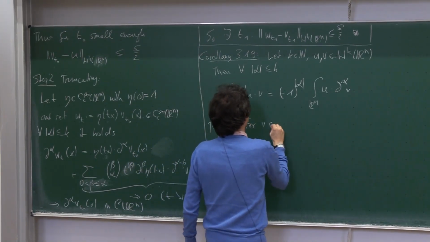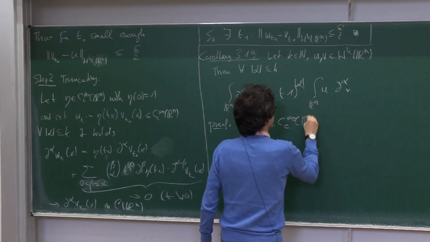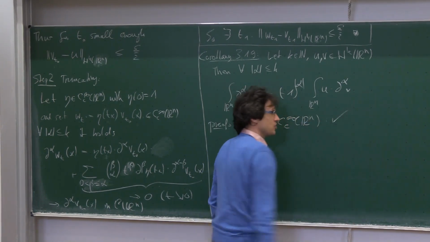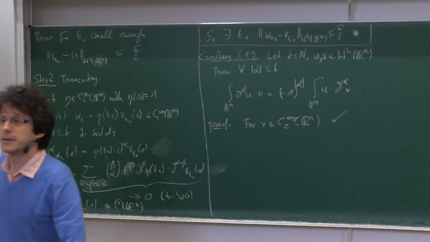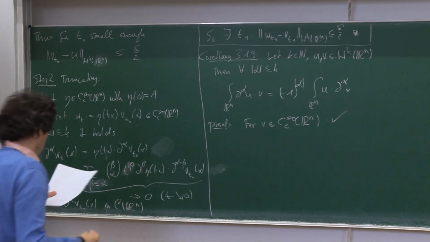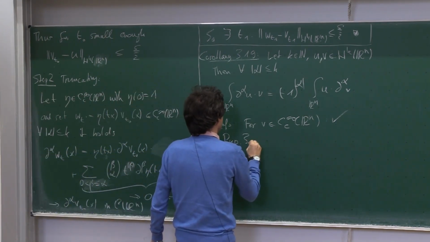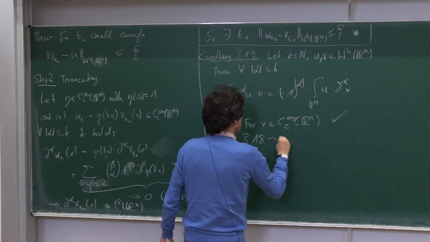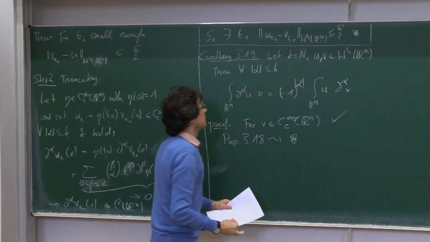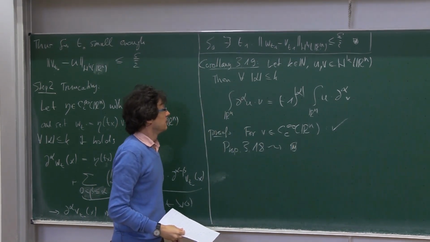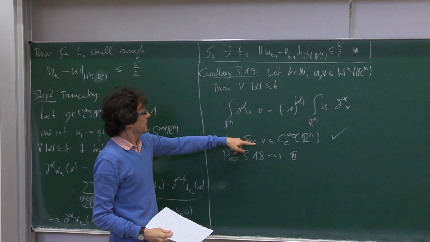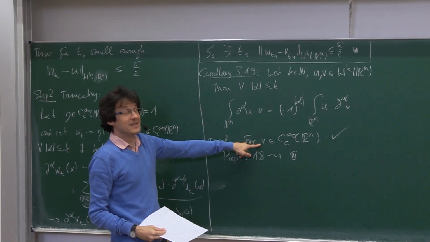As I said, if you take a v in CC infinity of Rn, this is just the definition of a weak derivative. And now, proposition 318 tells you that these functions are dense in hk.